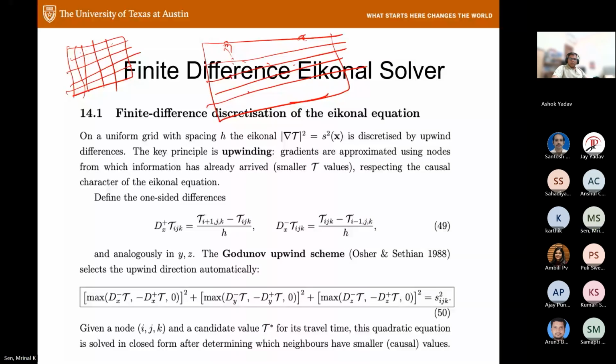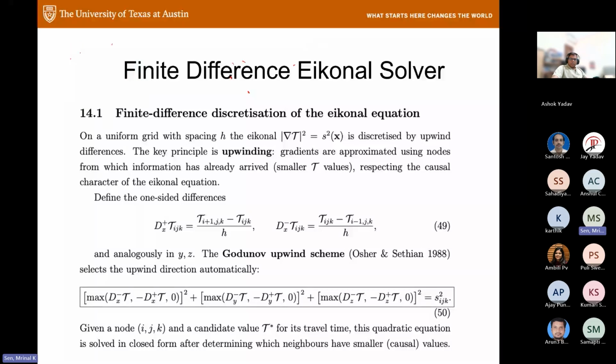So it's not possible to do that using the ray method without making serious errors, because there is no way you can guarantee that what you're shooting from here will actually reach here. So that's when these finite difference kinds of solvers became quite popular. What they do is essentially solving this.